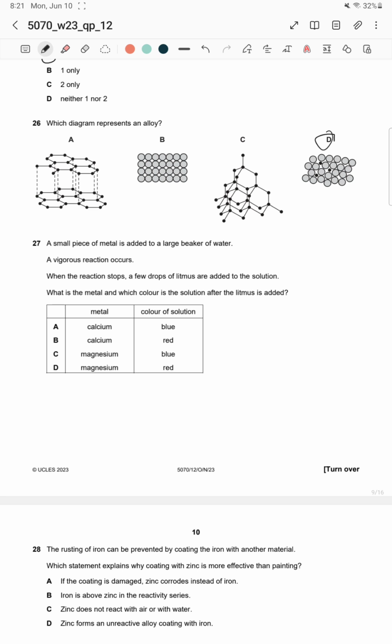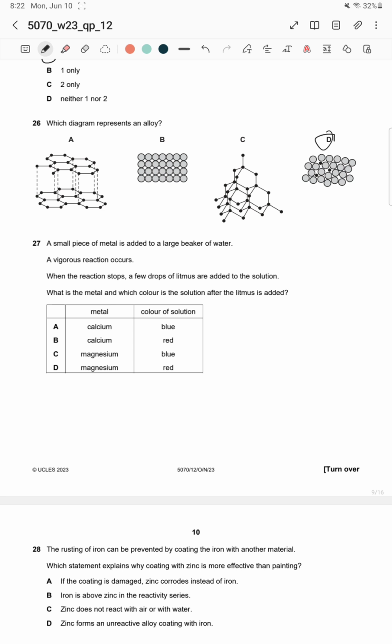Now 27, a small piece of metal is added to a large beaker of water. A vigorous reaction occurs.